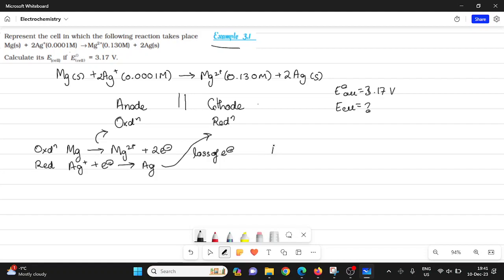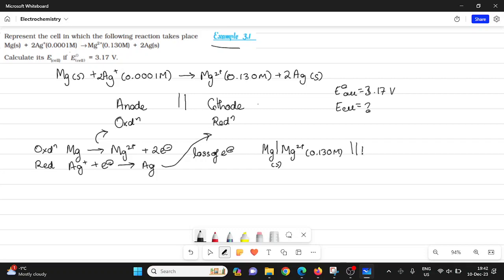We will have magnesium, which is going to be the electrode, then one line to represent the difference between electrode and electrolyte. Then Mg2+, and we can write it's a solid as well over there, and here you'll have the concentration, which is 0.130 molar. Then two lines to represent the salt bridge.